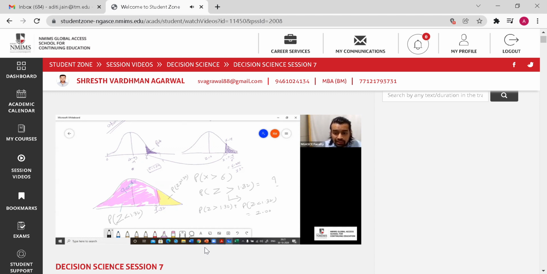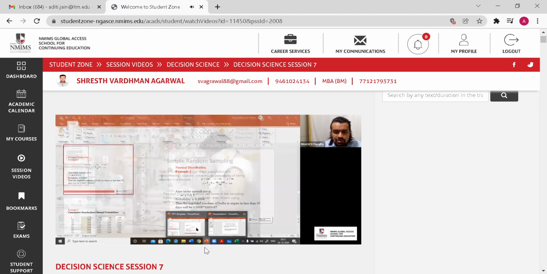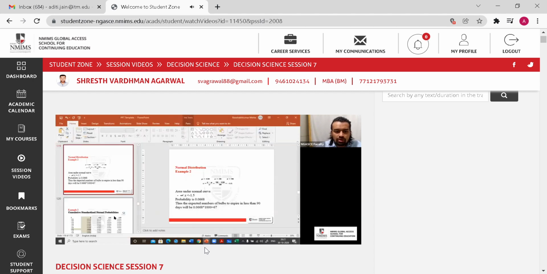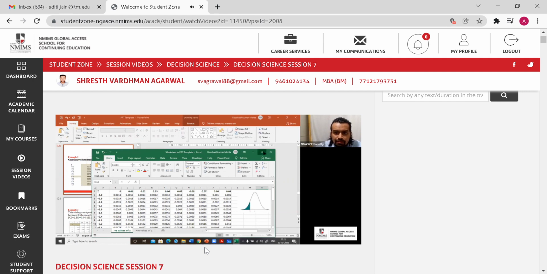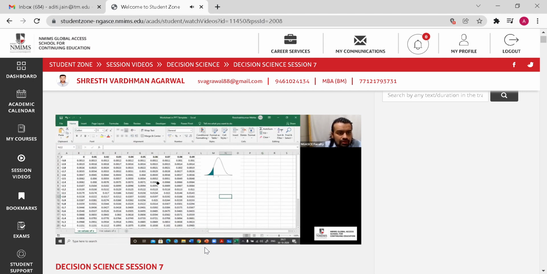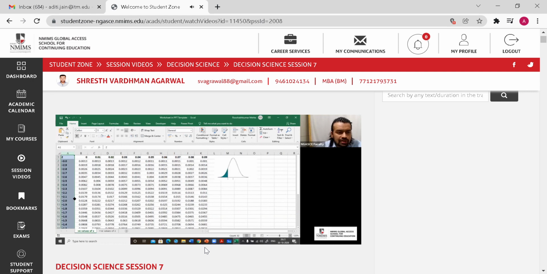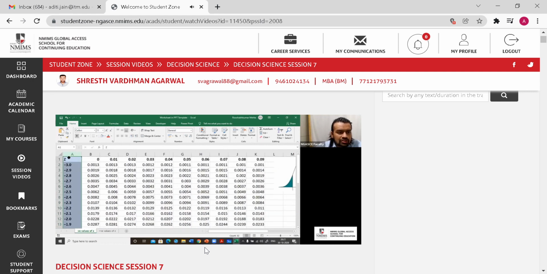So let's find out what is available from the table. Let me open the table in front of you and show you how you can read it. So this is an embedded file. These are the negative Z values. The first row and first column are the Z values.